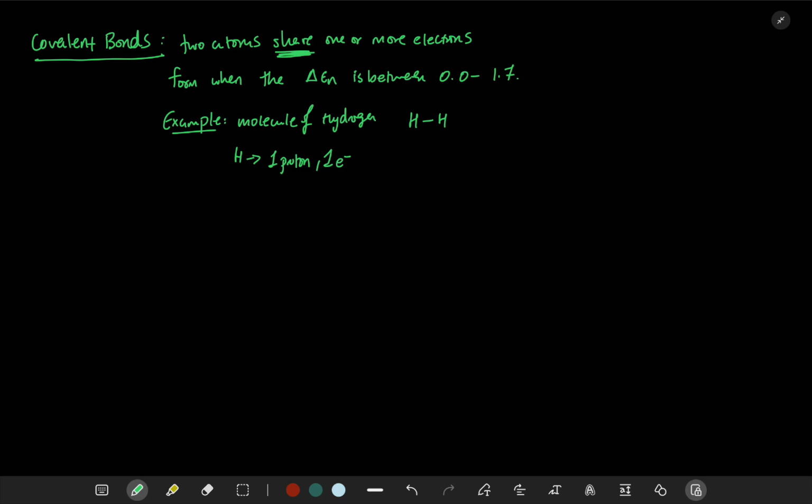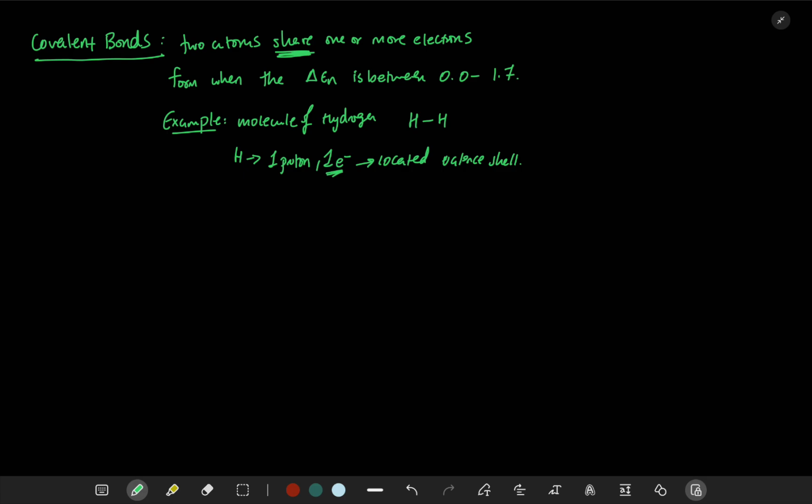And this one electron, remember we talked about electrons being the ones that affect reactivity and the chemical properties of an element. This one electron is located in its only shell, right? Because hydrogen only has one shell, so this is located in the valence shell, because it's also the outermost shell.